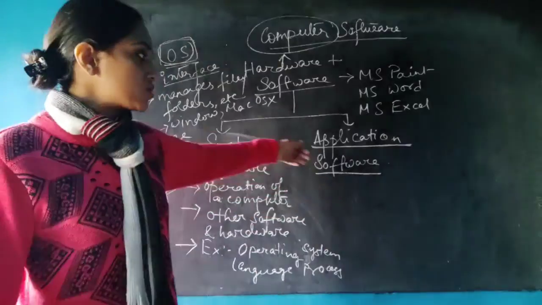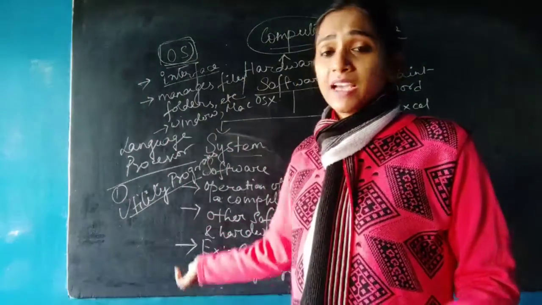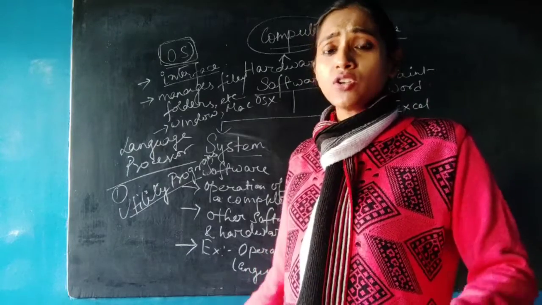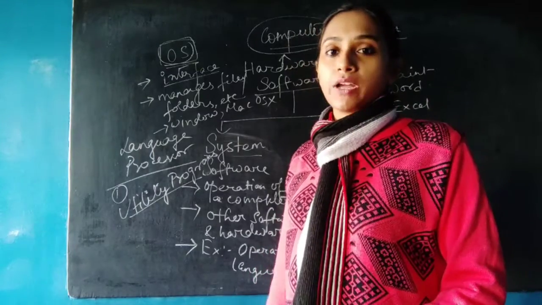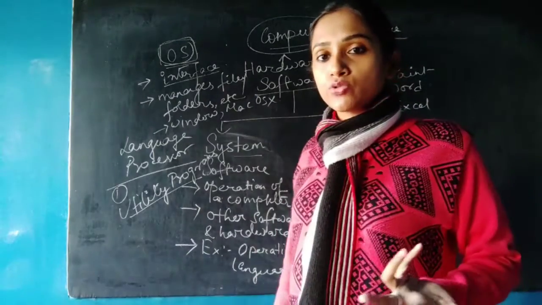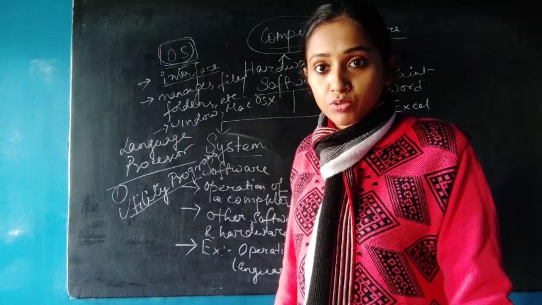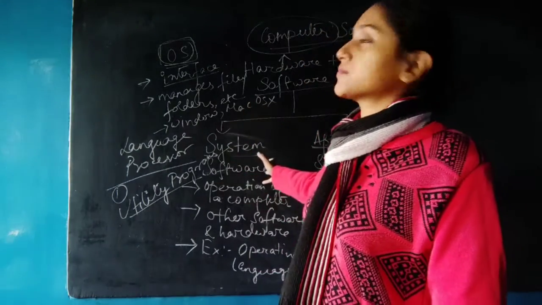System software is not like that. It is already there. Whether you require it or not, you are going to require it. You can work without MS Paint in your computer, but you cannot work without the system software.